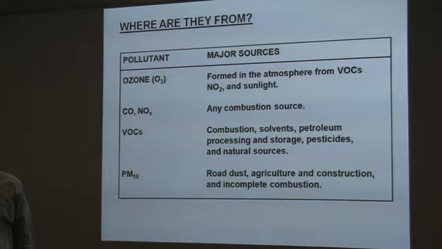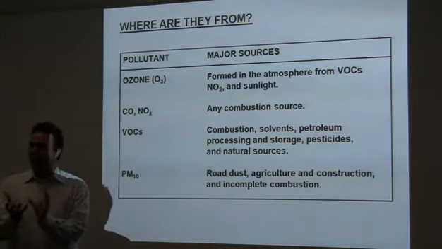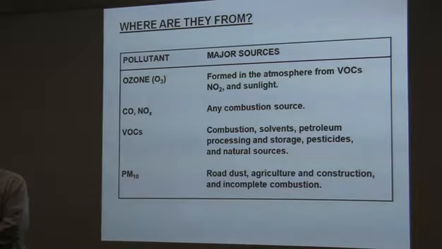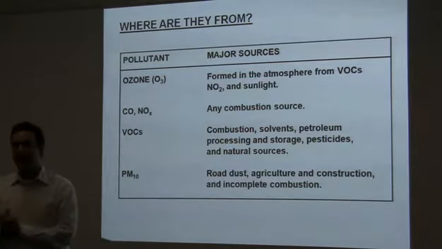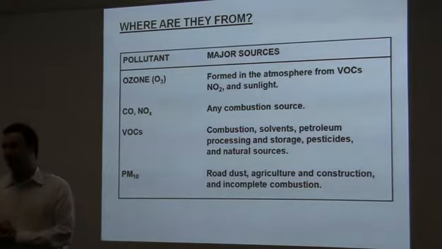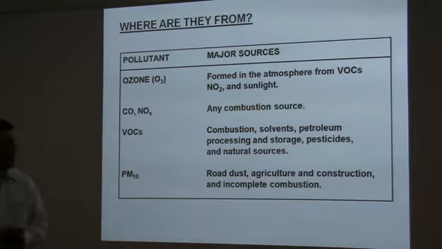So it's not directly emitted, but it's a very good gauge because it is formed from other things that are emitted. Those that are emitted are the so-called primary compounds. The ones that are formed in the atmosphere are secondary. So ozone is emitted very, very little, if any, but it measures what other primary pollutants were emitted. And of course, we talk about NOx and VOCs.